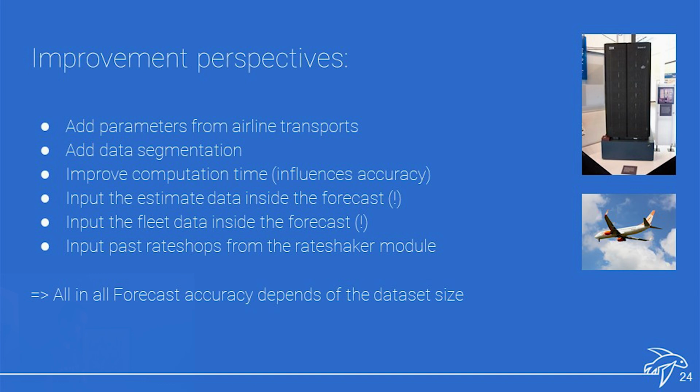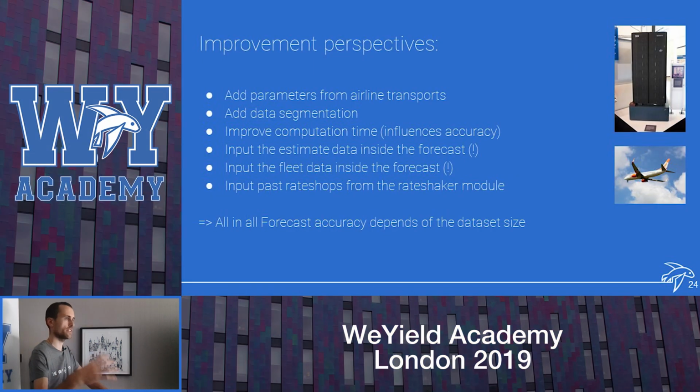So what are the improvement perspectives? The first one, and it's actually an ongoing study, is using parameters from airline transports. For those of you who were in Berlin last March, maybe you have met Forward Keys, a company that aggregates data from all brokers and GDS systems from airline companies in the world, excluding low cost, but that means 90% of the actual bookings for the future.